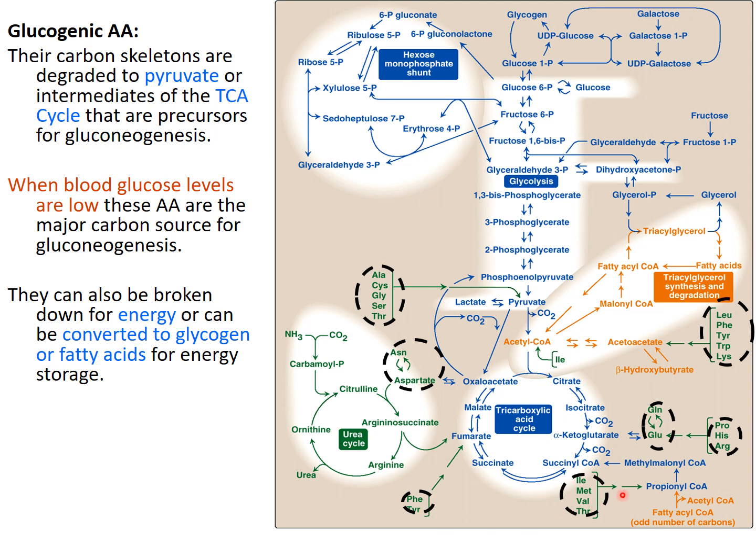These guys here are glucogenic because they can be turned to Krebs cycle intermediates, oxaloacetate, which is now the starting point of producing glucose. When blood glucose level is low and glucagon and epinephrine is signaling to the liver, then amino acids will come from the skeletal muscle, as you remember, and will be used for glucose synthesis.